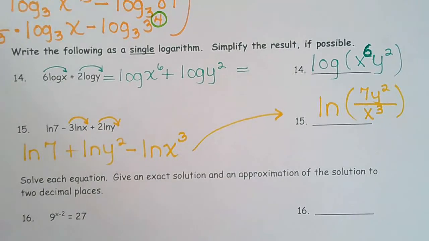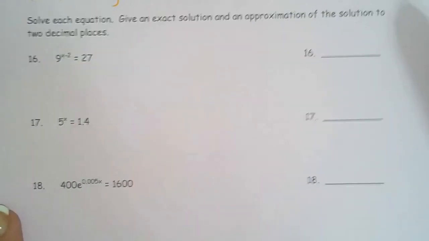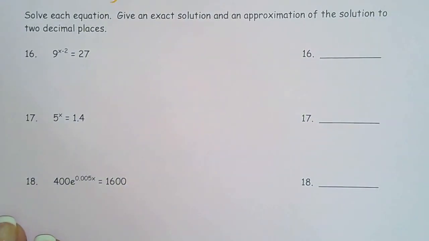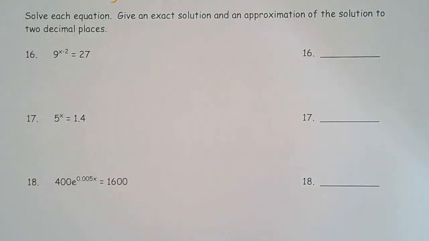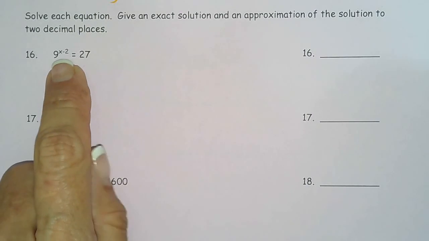Okay, next we have our 8.7b stuff where we learned how to solve exponentials. Do you remember how sometimes we could make the bases the same and do the one-to-one exponent rule? Sometimes we had to take the log of both sides, but we always have to have the exponential isolated before we can start.